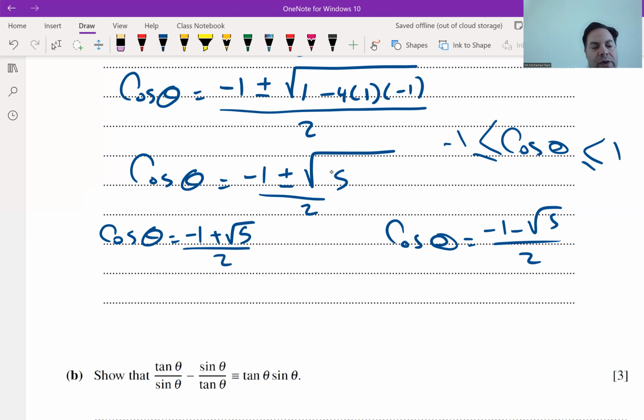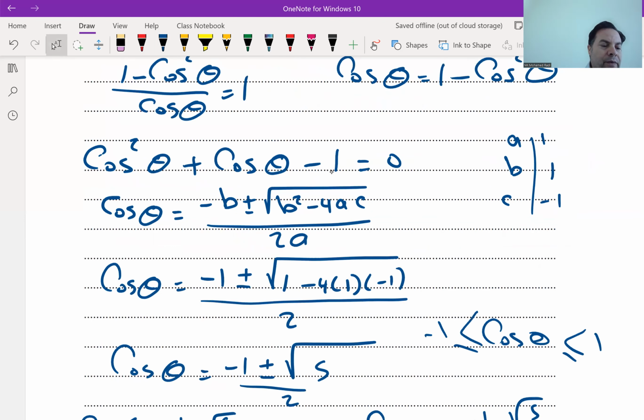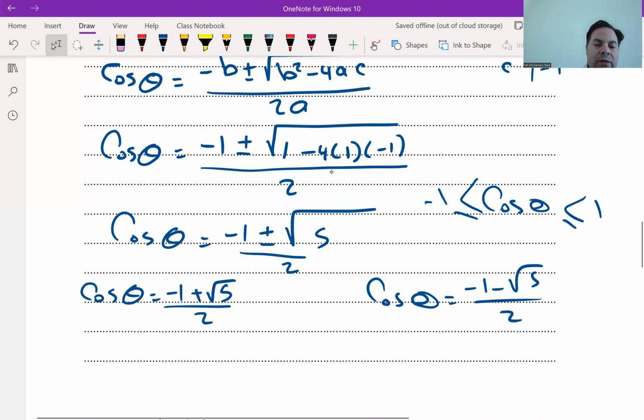You can use your calculator, mode 5.3 or mode 5.2 according to your calculator, mode 5.2 for solving the quadratic equation. The first root is minus 1, correct.